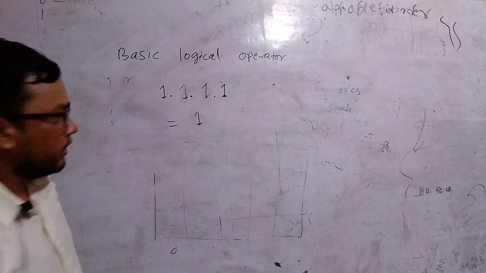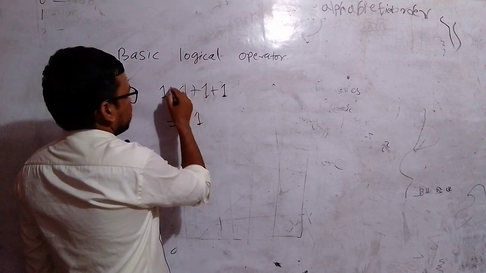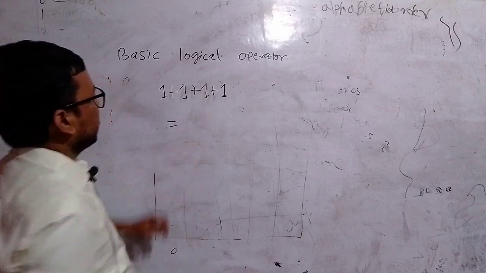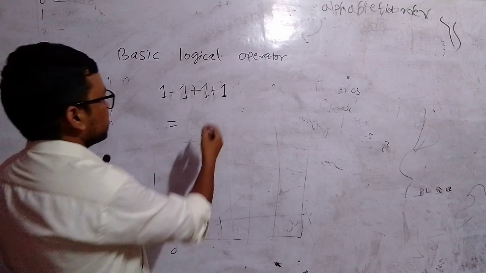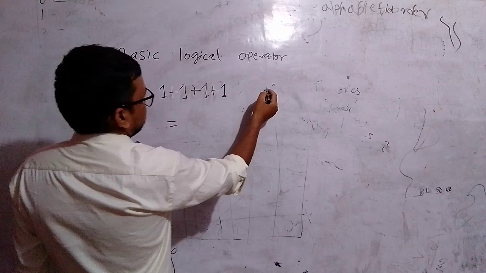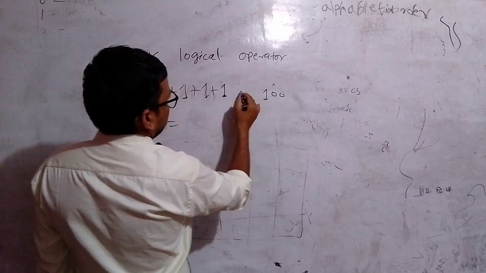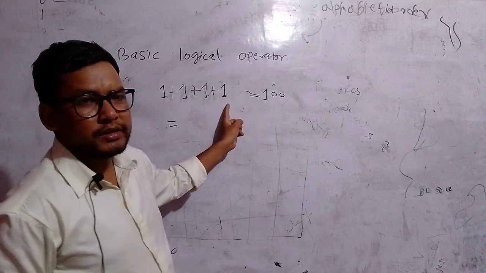Now, in this way, what does this mean in logical operator? In ordinary binary additions, this will produce 1 plus 1 is 10, 1 1, 1 0 0, 1 0 0 0. This should produce 100 for ordinary binary additions.